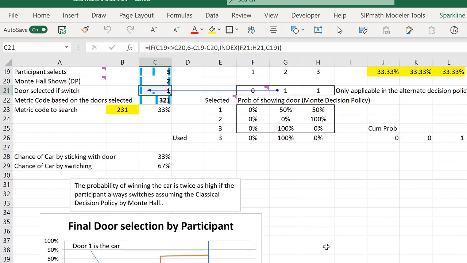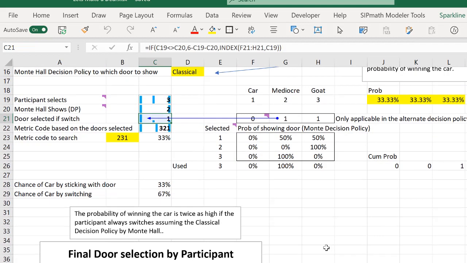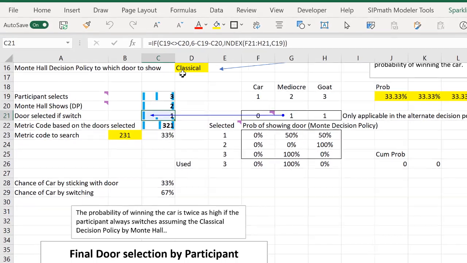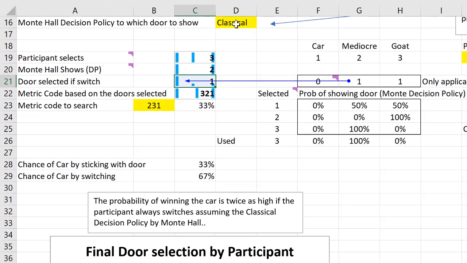So now let's look at an alternative decision policy by Monty. What if Monty Hall could also show the door that they selected, forcing them, presumably, to select one of the other two doors? What do you think the probability is? So what I'm going to do is change this to the alternative view.